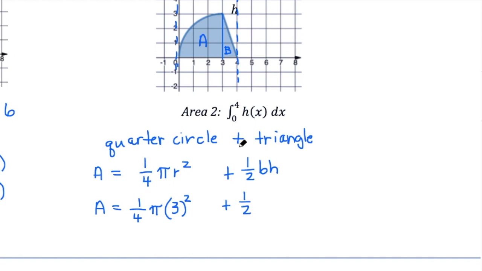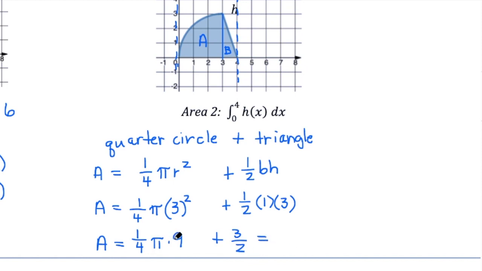And for my little triangle there, the base is from 3 to 4, which is 1 unit, and the height is here from 0 to 3, which is 3 units. So base of 1, height of 3. Now we have 1/4 pi times 9 plus half of 1 times 3 is 3, so it's 3/2.